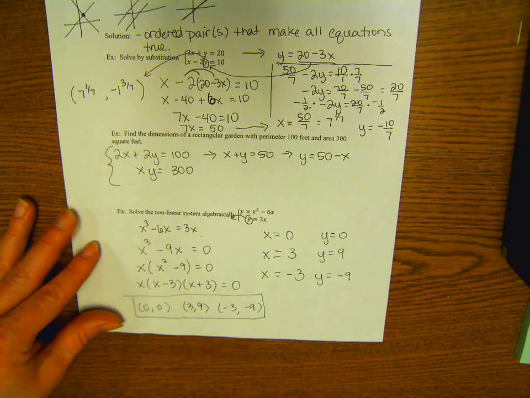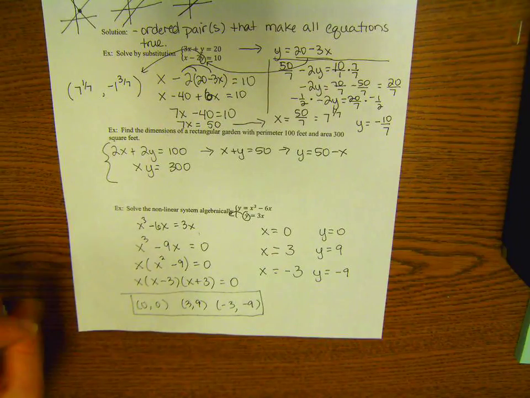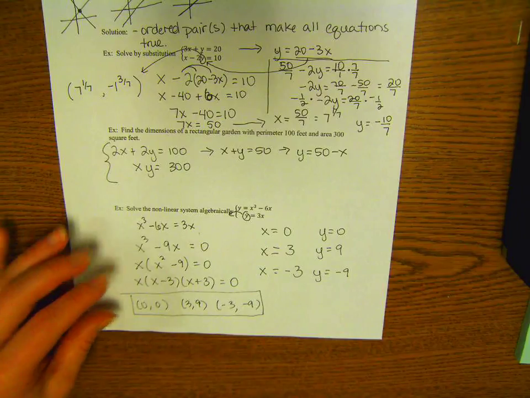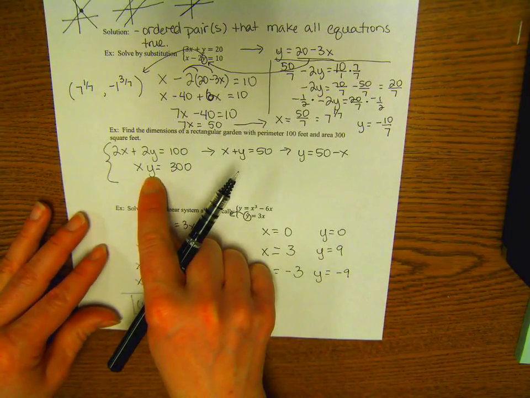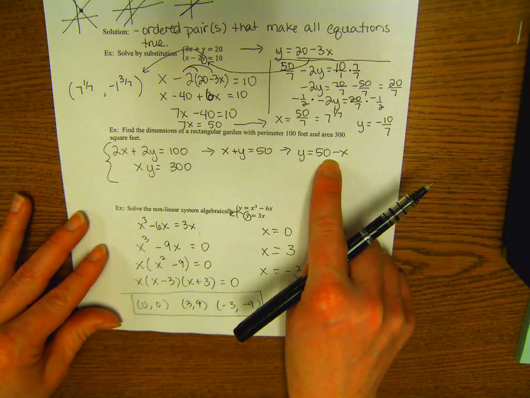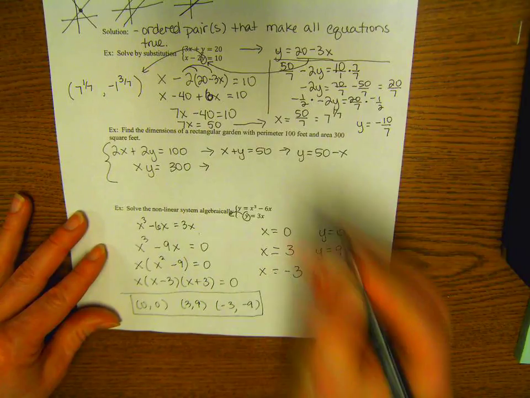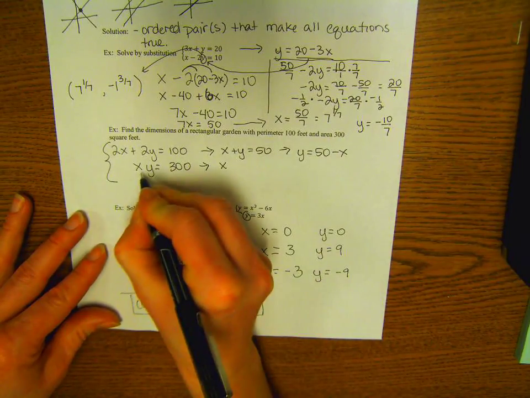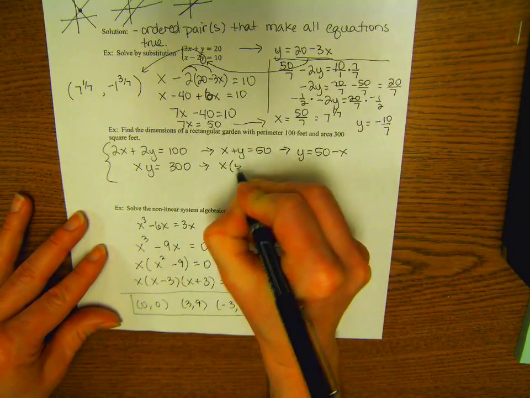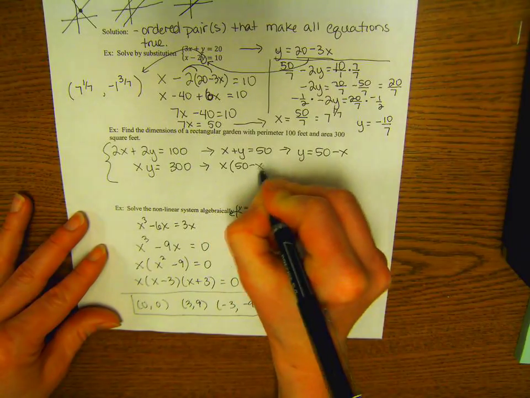Now what can we do in the bottom equation? We're going to take out this y and replace it with 50 minus x. So I have x times 50 minus x equals 300.